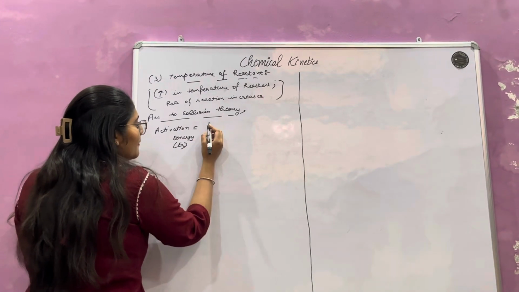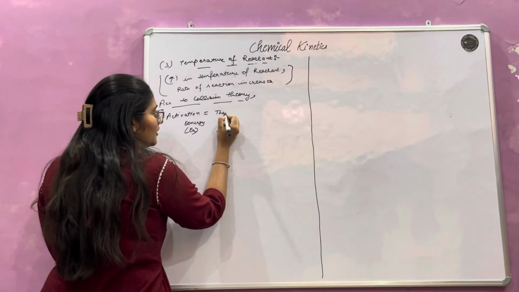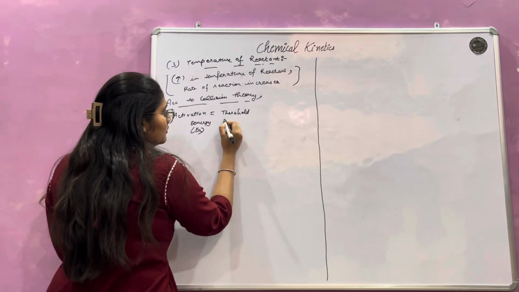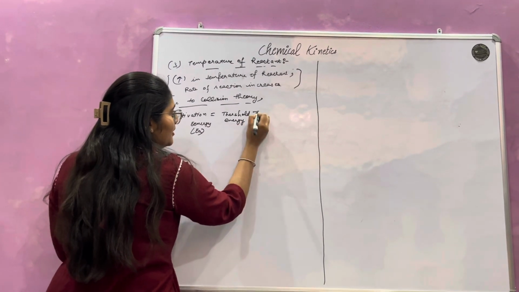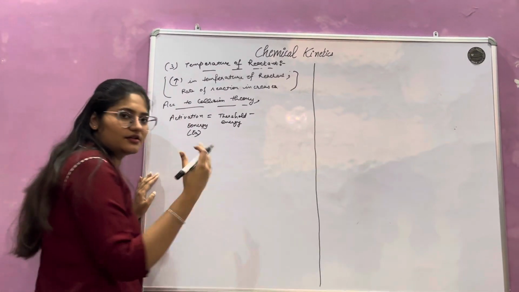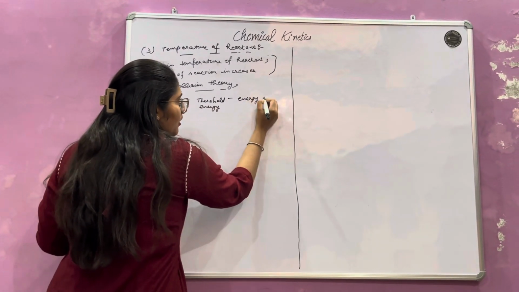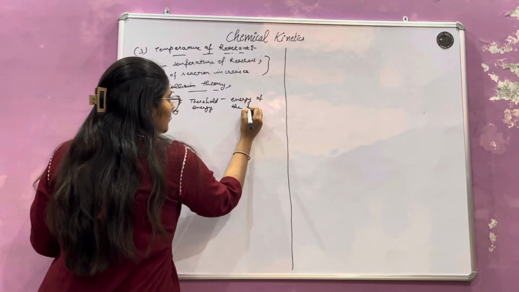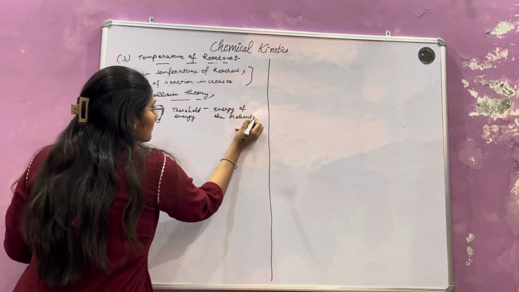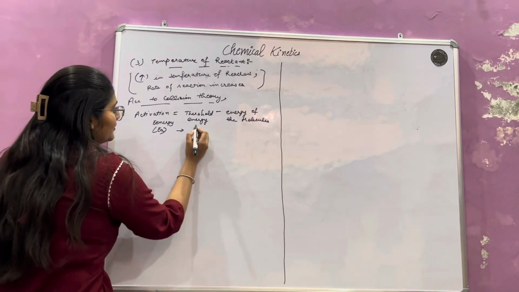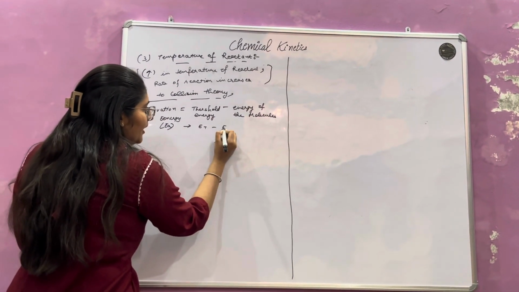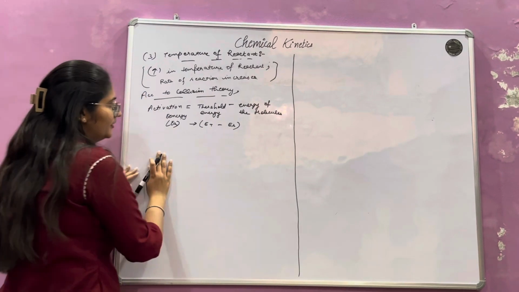EA is equal to threshold energy minus the energy already present in the reactant molecules, that is ET minus ER.